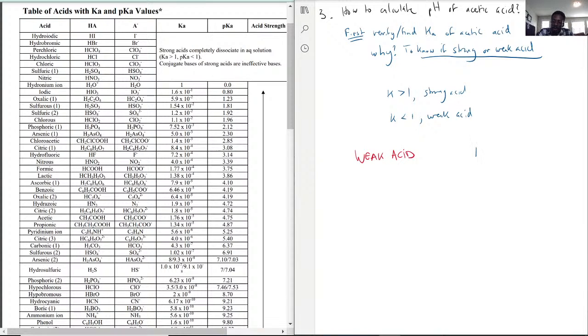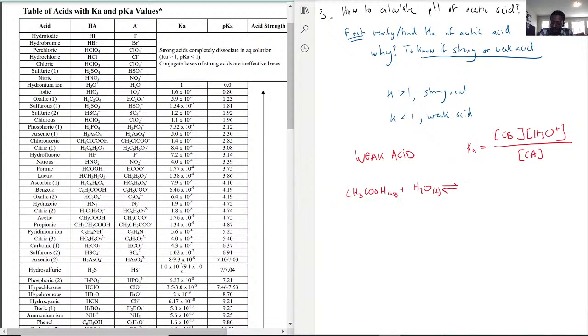So we have Ka equal to the products, which for acetic acid is its conjugate base and H3O+, over its reactants, which is just the conjugate acid. To put actual values to it, the formula is CH3COOH plus H2O. Water doesn't count as a product because it's an aqueous solution, just part of the solution.